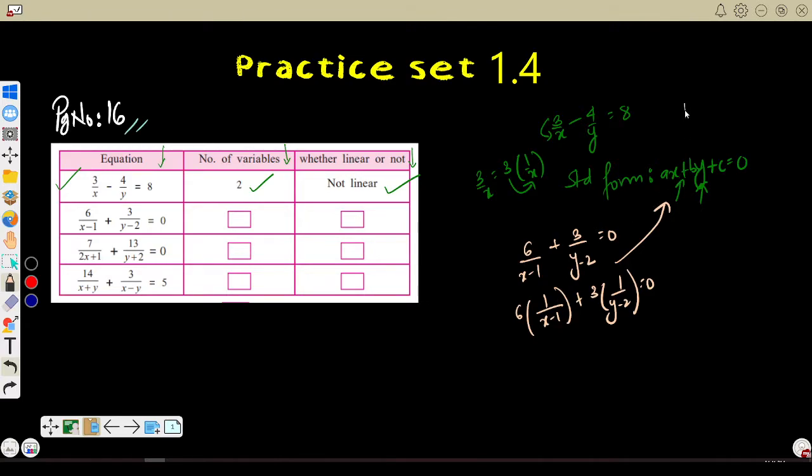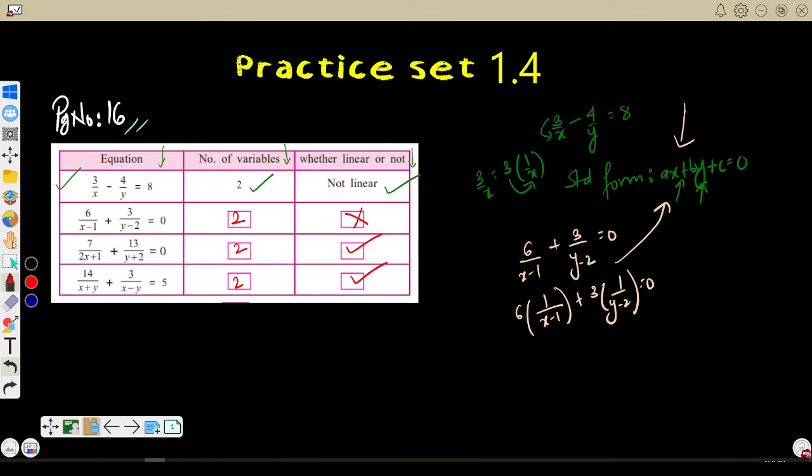Linear equations can only be represented in this format. So again, I can say that the number of variable in this example is again 2, but this is not a linear equation. Now we don't have to discuss the third and fourth equation. Of course, you can say the number of variable in both the cases is 2, but they do not represent a linear equation in two variables. I hope this is clear to you.